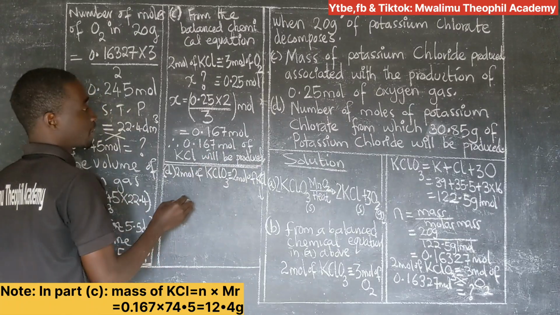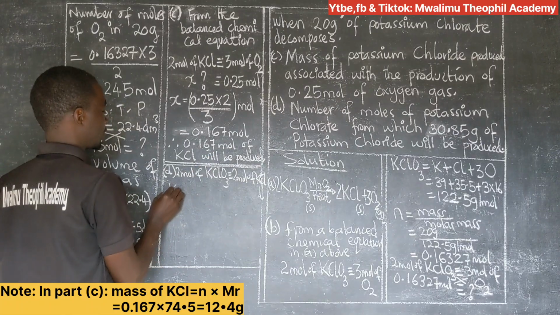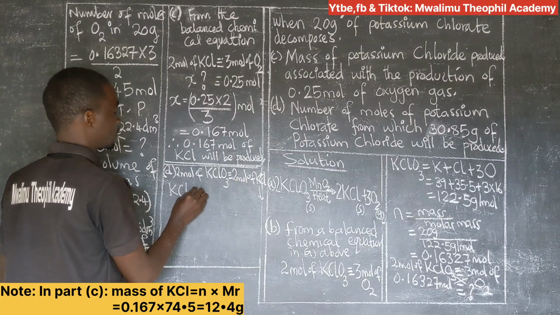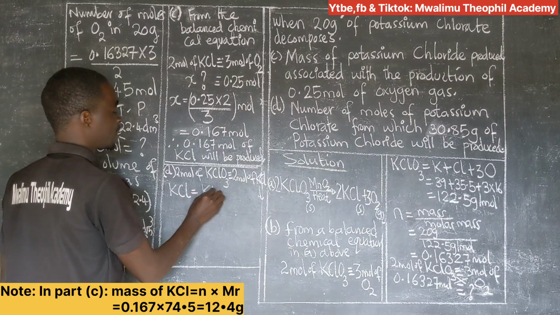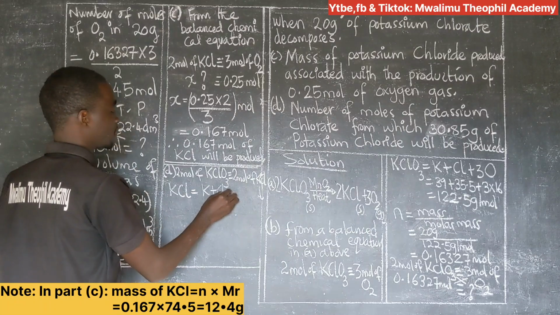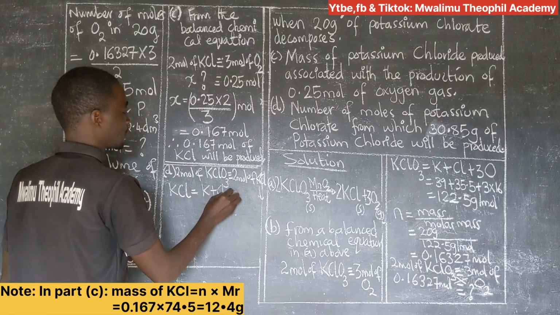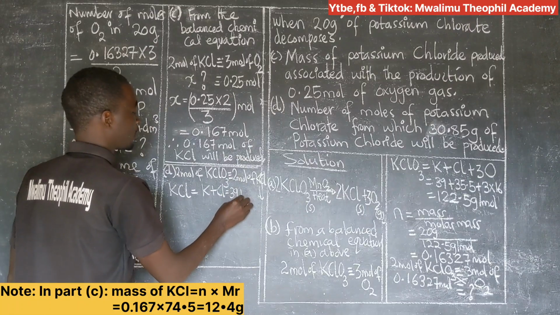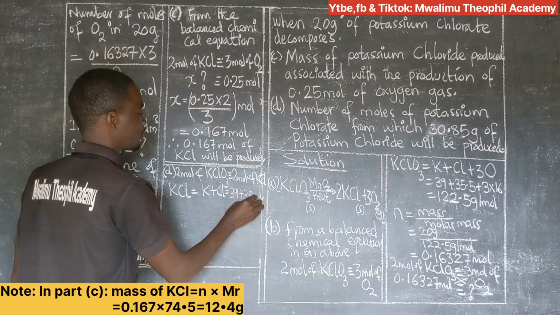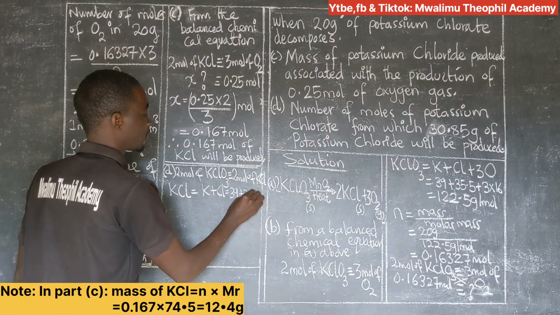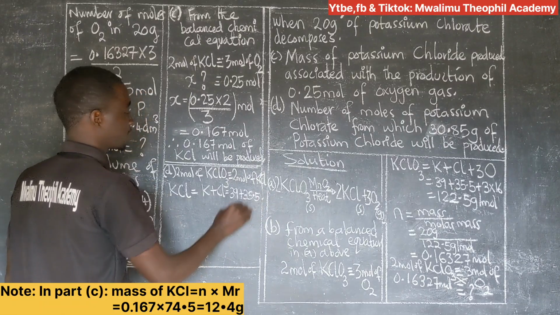So let's start with the molar mass of potassium chloride. We have 1 potassium plus 1 chlorine. So it will be equal to 39 plus 35.5, which is the molar mass of chlorine.